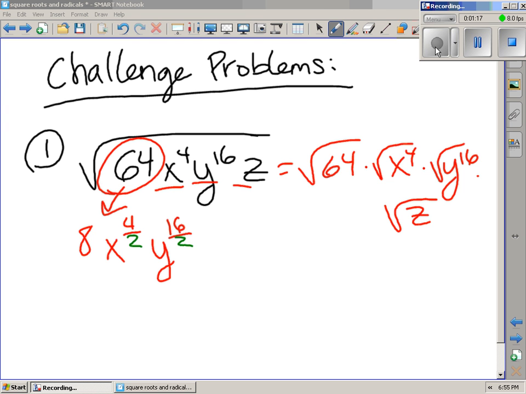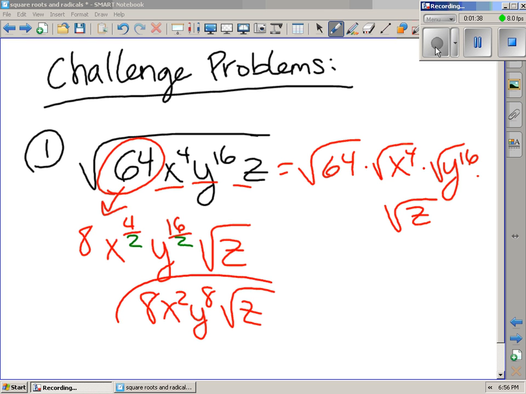The z is just going to be written as z to the 1/2, and that's not helpful to me, so I'm going to leave that z underneath the radical because I know I'm eventually going to go back to putting it underneath the radical. So now we have 8x squared y to the 8th multiplied by the square root of z. And that's going to be my final answer.